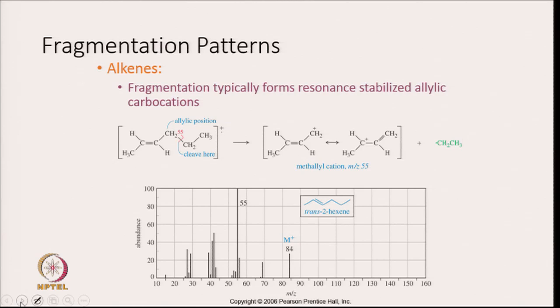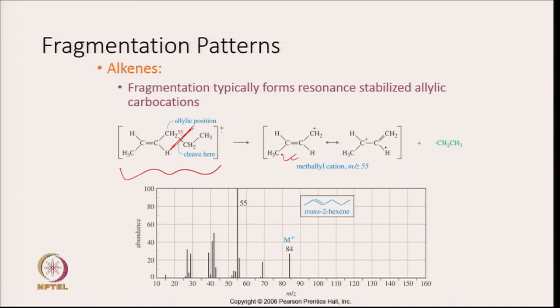The fragmentation generally forms a resonance stabilized allylic carbocation. So, if you look at this case, the allylic position is this one. So, the bond breakage will happen at this position, giving you this cation.